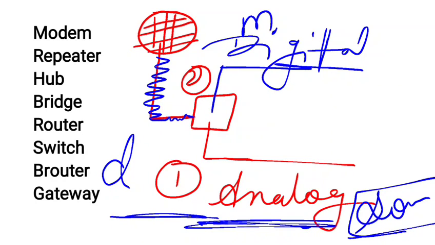Whenever I store information in the form of images, videos, text, audio, and many more types of media, this digital signal always transfers multimedia.